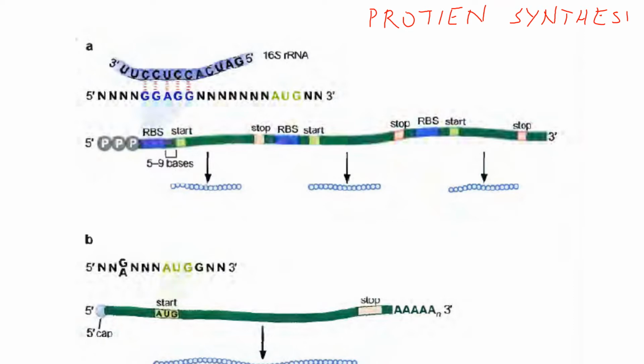So the protein synthesis process starts from the DNA, and the DNA has the information regarding which protein is to be synthesized, and this information is passed to the messenger RNA.